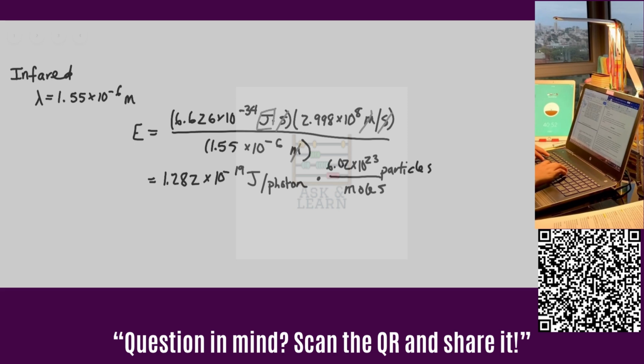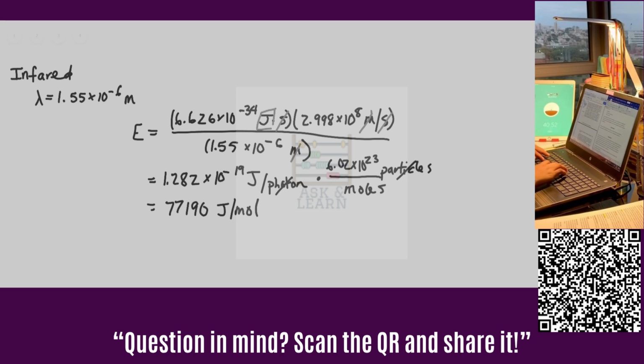This cancels out photons and particles, and ends up giving us 777,190 joules per mole for infrared light. Now, there are two problems with this answer.